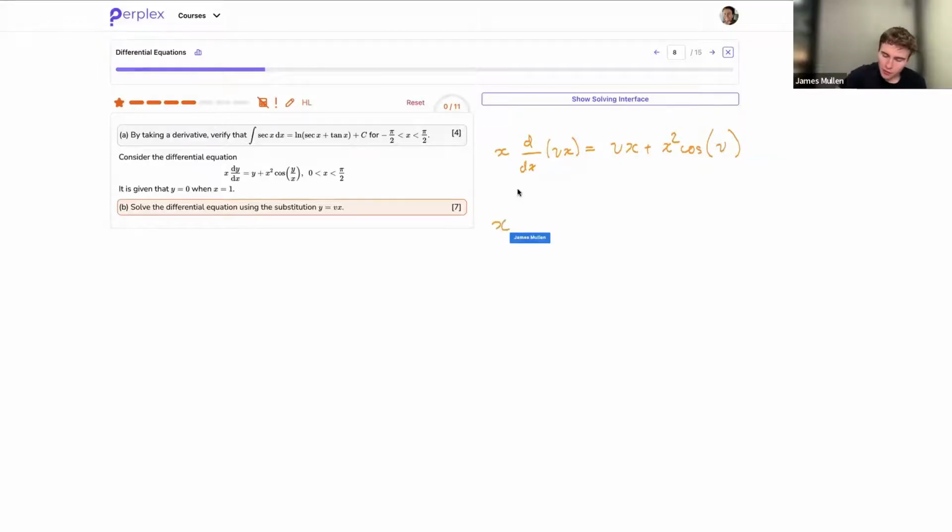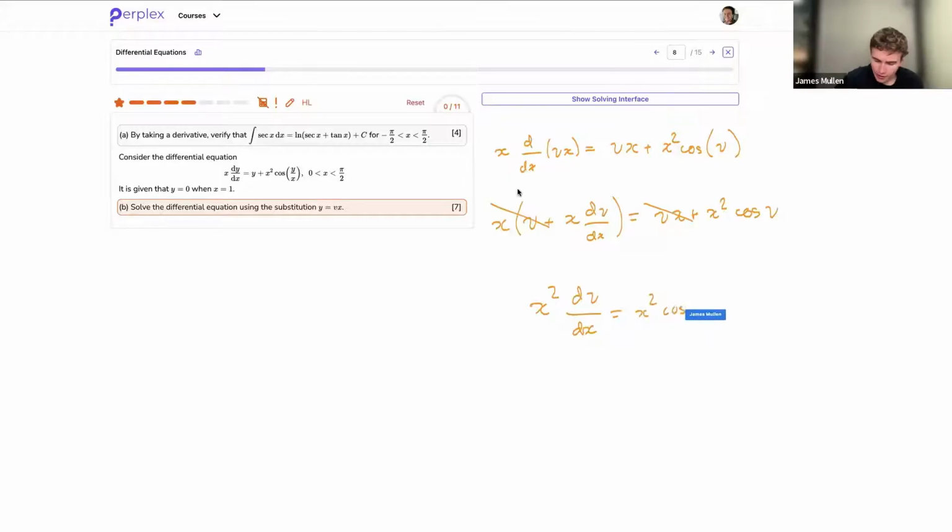Now, the derivative of vx is going to be v times the derivative of x, which is 1, so v, plus the derivative of v times x, so x dv over dx. All right, that's equal to vx plus x squared cosine of v. If I expand on both sides, I notice that this xv cancels with this xv, and I'm left with x squared dv over dx is equal to x squared cosine of v.